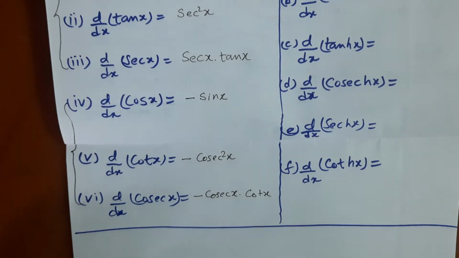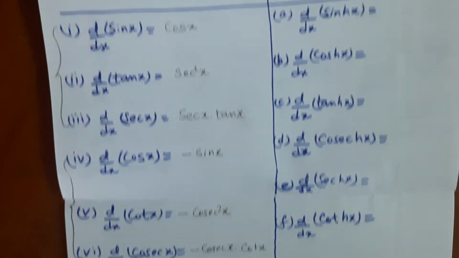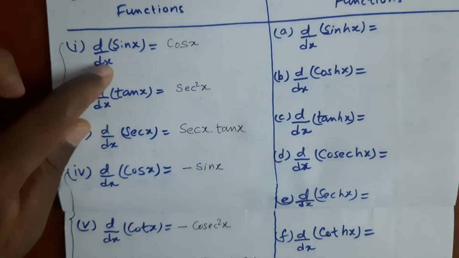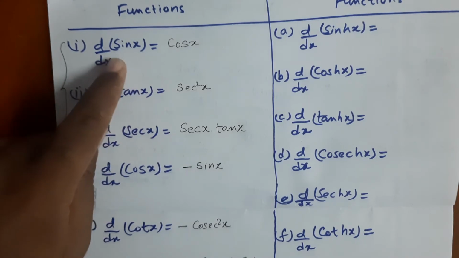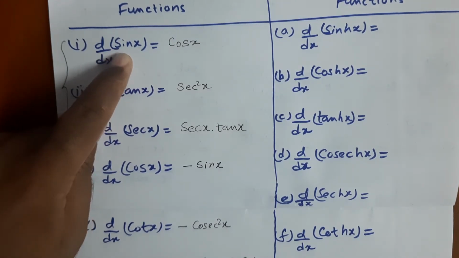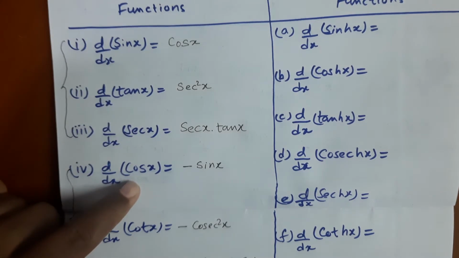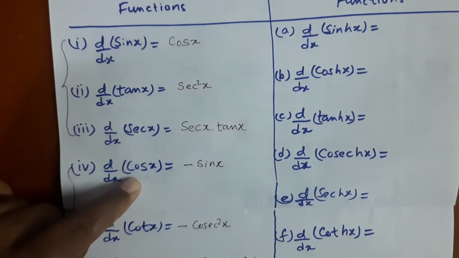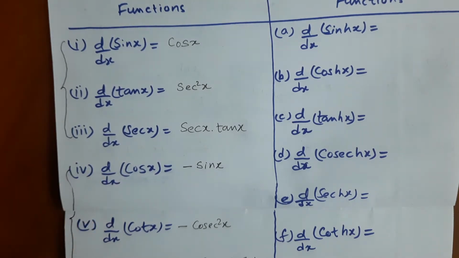This can also be remembered in another way. Let's look here: the derivative of sin x. Sin in full form is sine, and cos in full form is cosine. Co means together.